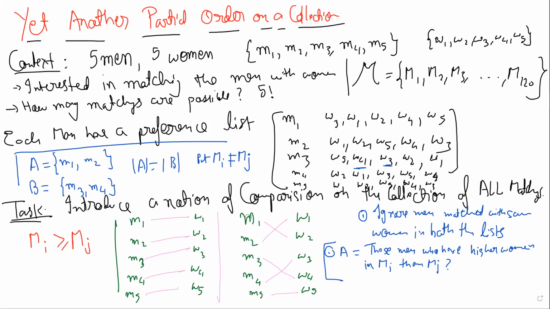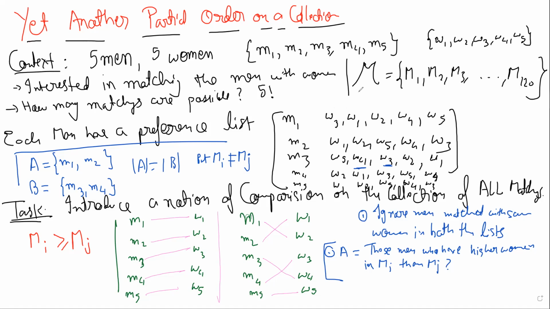Weight of a man will be the prime number, and then weight of a matching will be the product. And then you will compare the product, but the product will not be equal. No, product will always be equal, right?